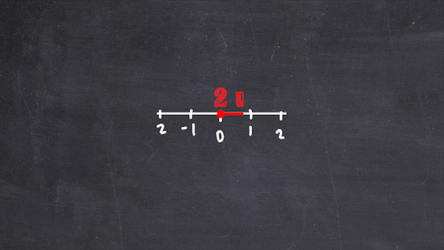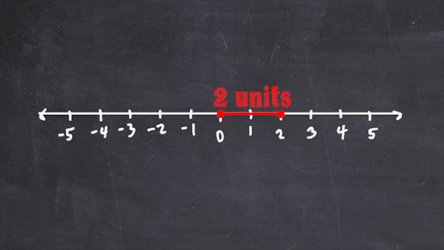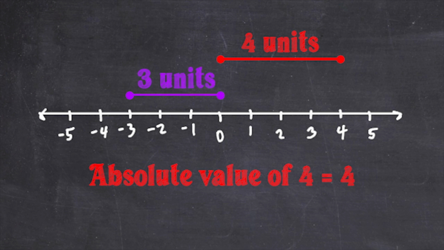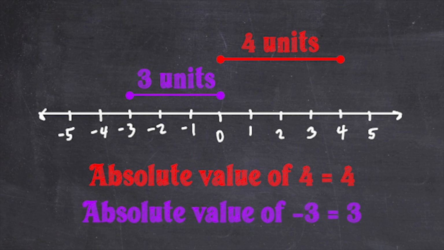The absolute value of a number is the distance between a number and 0 in the number line. For example, 4 is 4 units away from 0 on the number line, so the absolute value of 4 is 4. -3 is 3 units away from 0 on the number line, so the absolute value of -3 is 3.